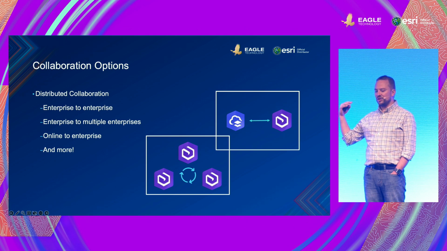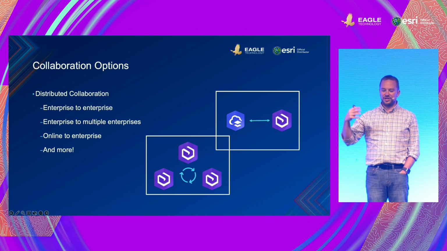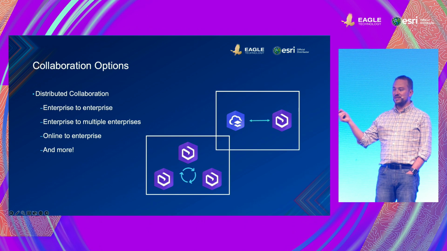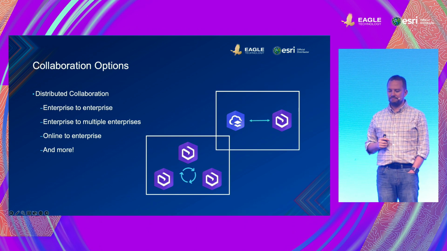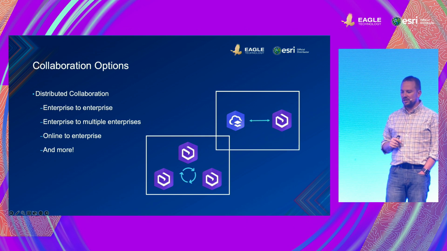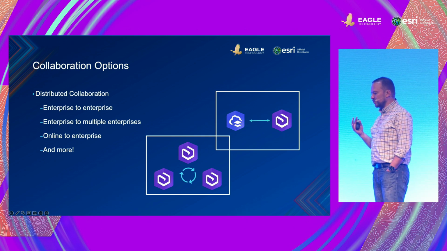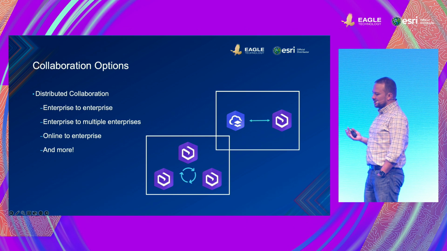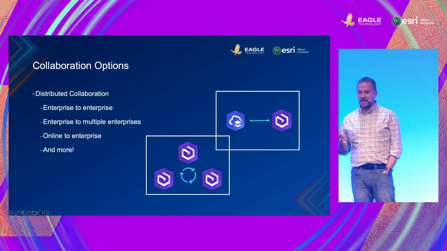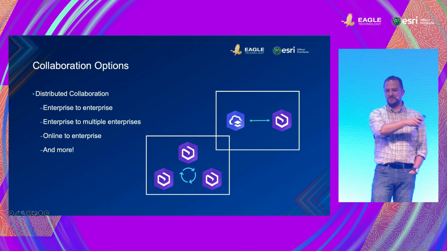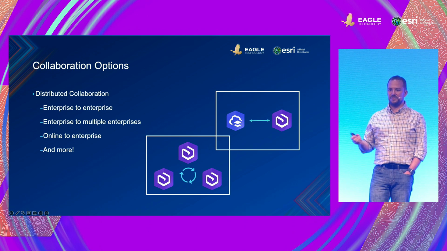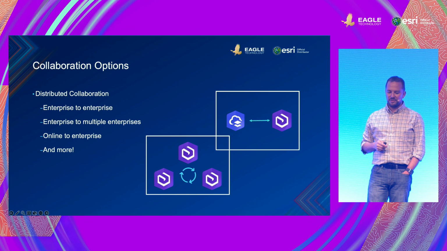Whether it's about sharing between ArcGIS Online and ArcGIS Enterprise, between different ArcGIS enterprises, or a combination of all of that. It's very powerful technology to solve one of the more challenging problems in this space, which is how do I make sure that somebody who's sitting over there in a different system has access to the same data and the same applications that I've created in mine.